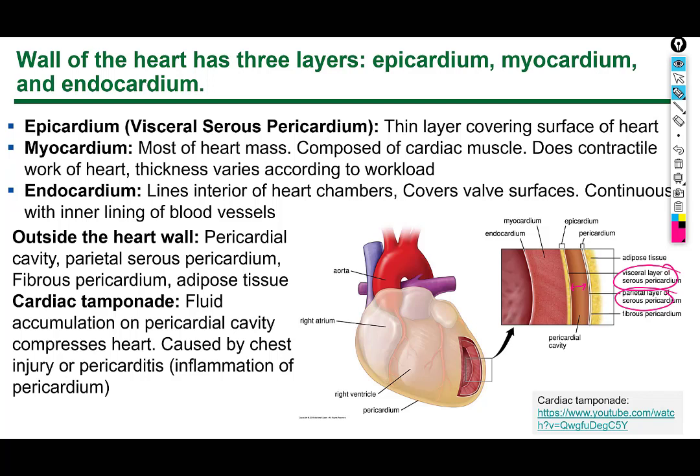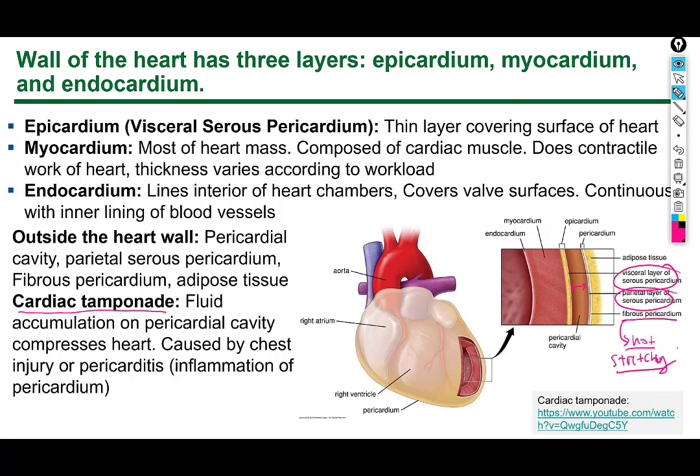If you get fluid that's not supposed to be in there, that is called cardiac tamponade. Because the fibrous pericardium is not stretchy, in general, dense irregular connective tissue isn't stretchy, and that is what that's made of.